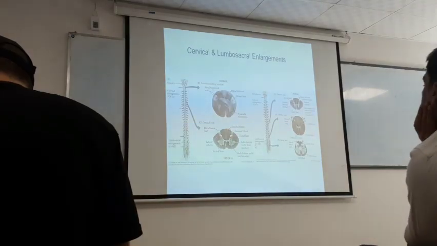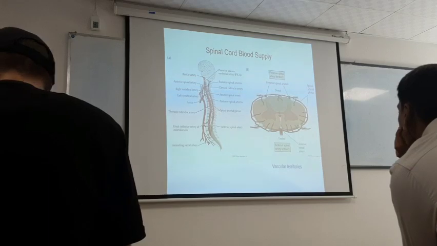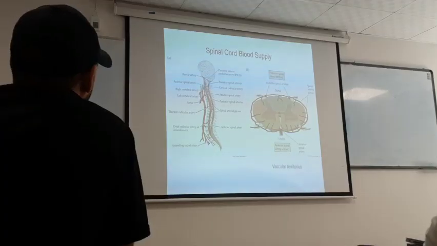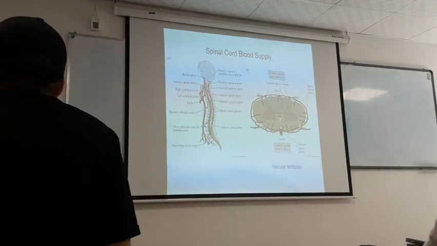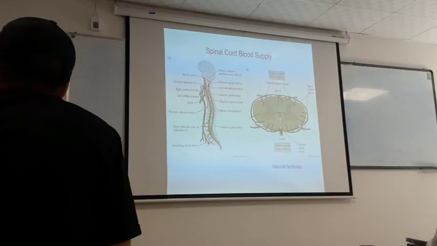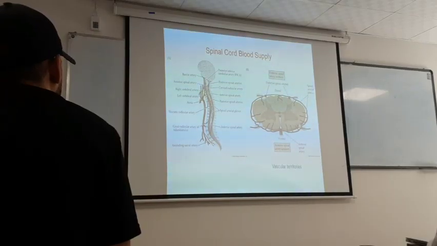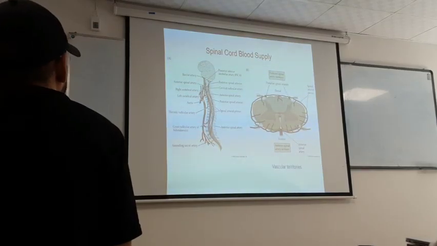This is the spinal cord and brain. The spinal cord blood supply. The artery supplying the spinal cord is the vertebral artery. Vertebral artery. You see this aorta, okay?